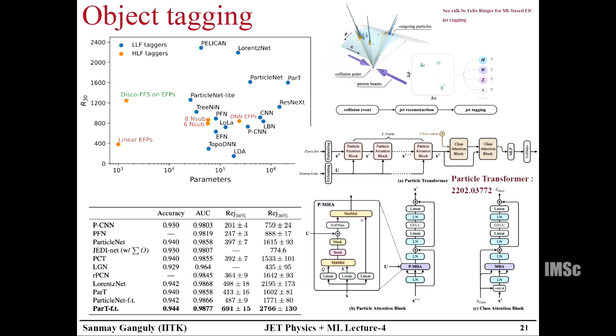Okay. Now, this has become very much standard in our community, and here you can see an example just for tagging tops: how many different top taggers there are, with their number of parameters, and a comparison of the background rejection for a particular fixed efficiency. You can see there are regular graph networks, then convolutional neural networks, and so on.